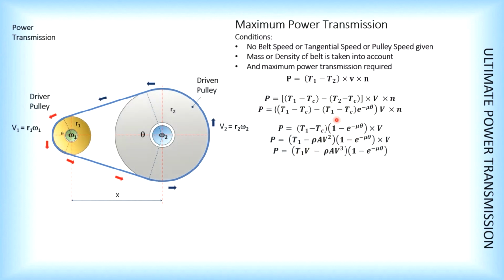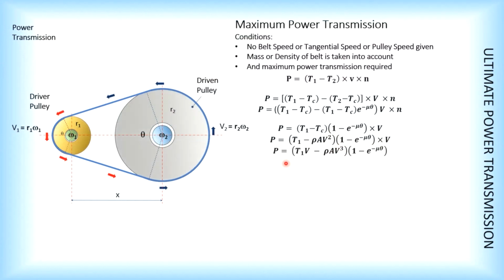Simplifying that, you get something like what I have shown here, where your TC is given as rho A V squared. Sorry, AV cube this time, where you multiply your V from here to this, so you get V cube.